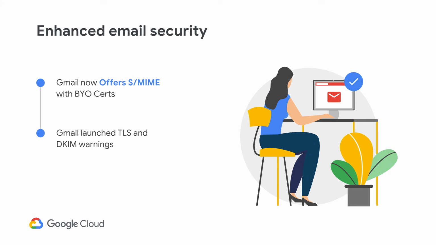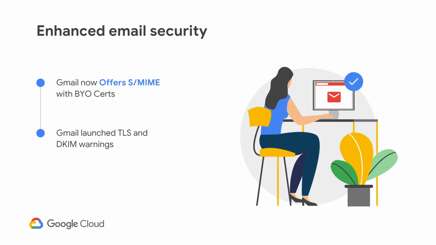And finally, I wanted to talk about enhanced email security. Gmail now offers S/MIME, and S/MIME stands for Secure Multipurpose Internet Mail Extensions, and this is why we prefer to call it S/MIME. And really, secure is an important word here.